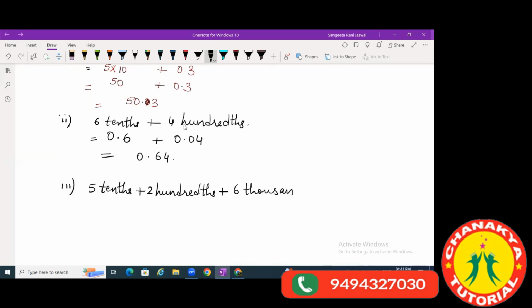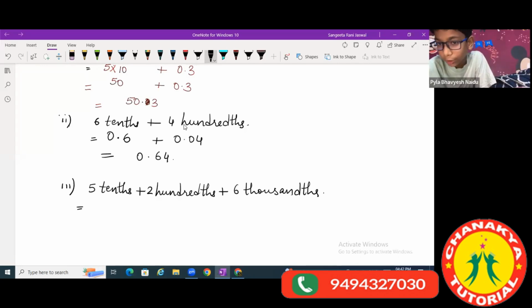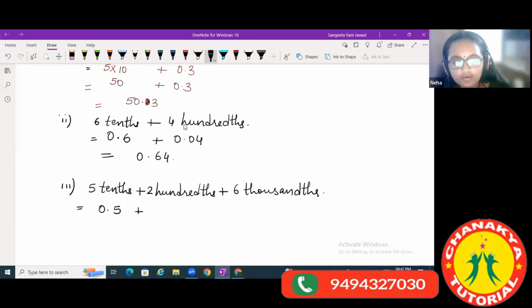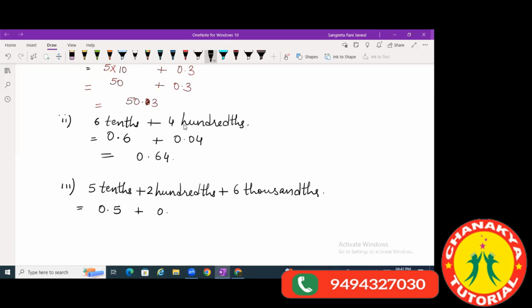I will ask each one. Yes, Bhavesh, tell me 5 tenths. Ma'am, 5 tenths is 0.5. Neha, what is 200s? 0.02. Very good. Okay, Adya, what is 6,000?